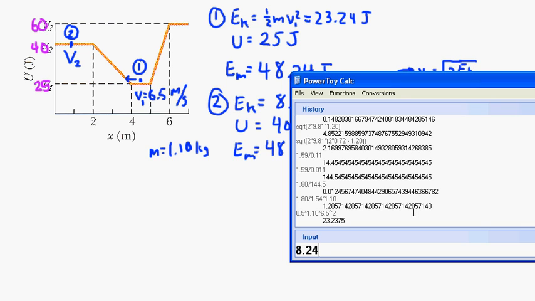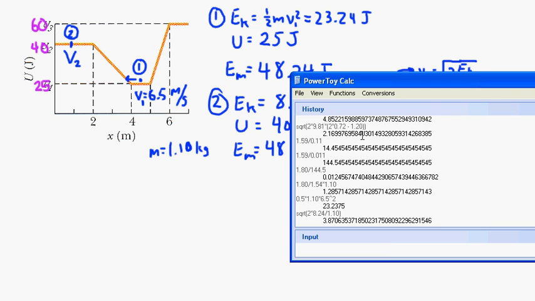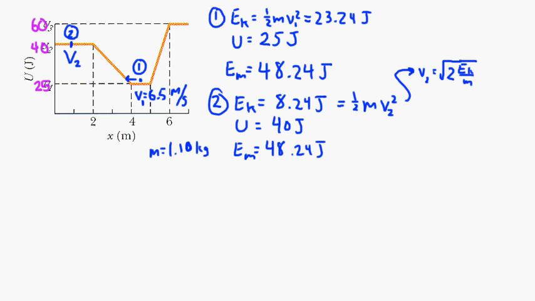So it's 8.24. I want the square root of 2 times 8.24 divided by 1.10, which is going to give us 3.87 meters per second.